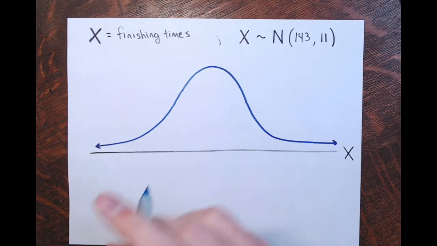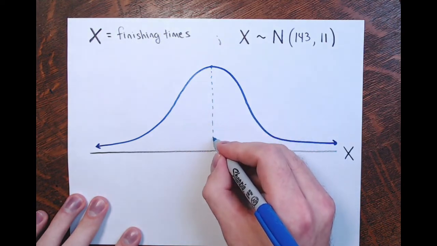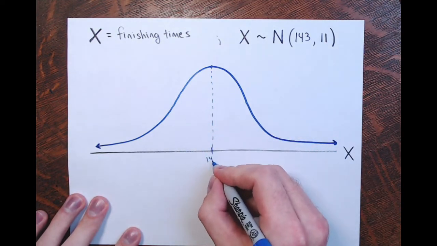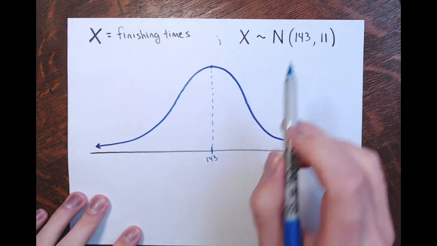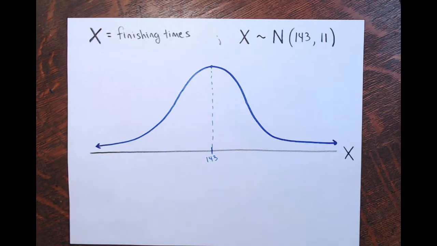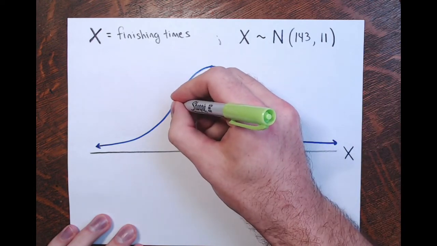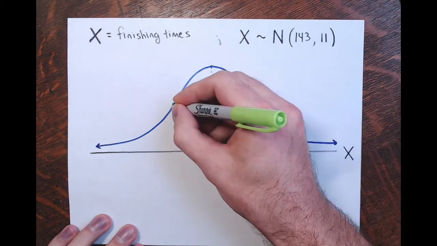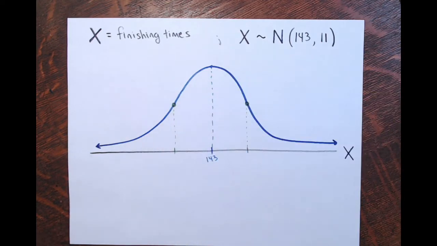They told us the mean value, so underneath the peak here, this value on the number line should be 143 minutes. And they told us that the standard deviation of all these finishing times is 11 minutes. So under this inflection point and this inflection point, this is a distance of 11 minutes: 11 minutes above the average, 11 minutes below the average.